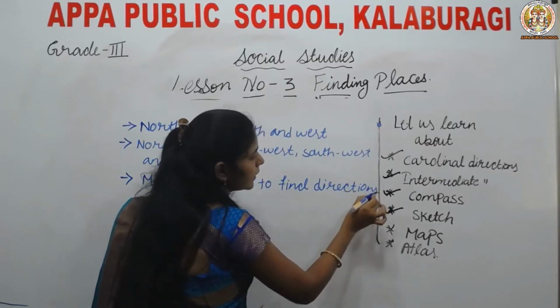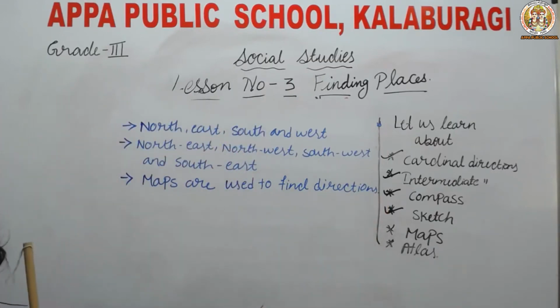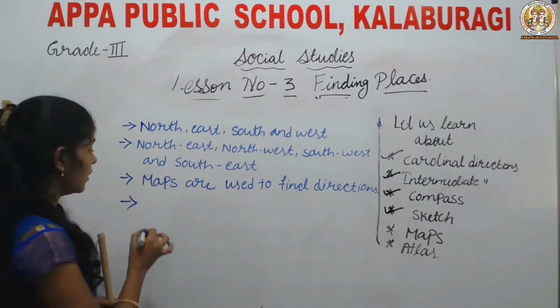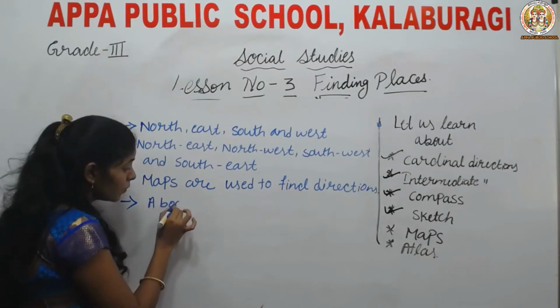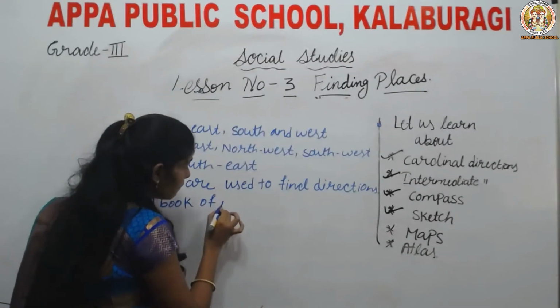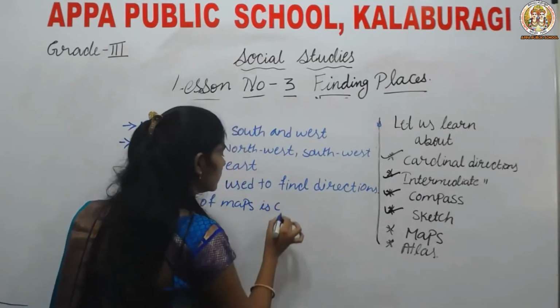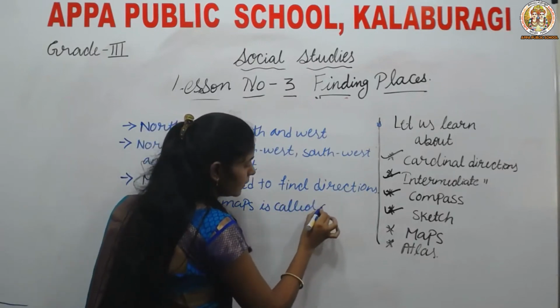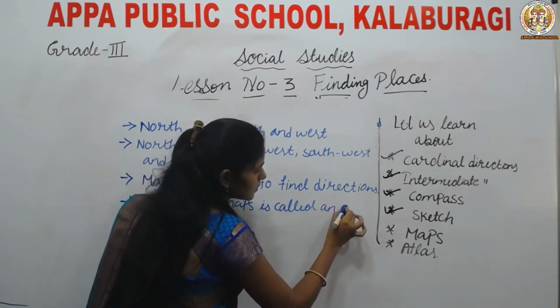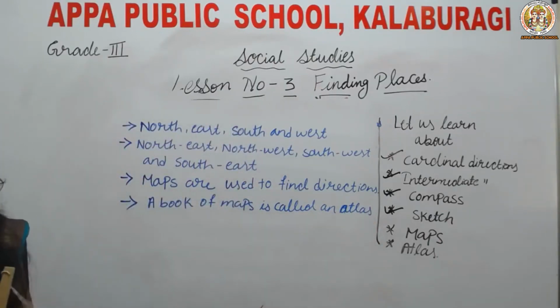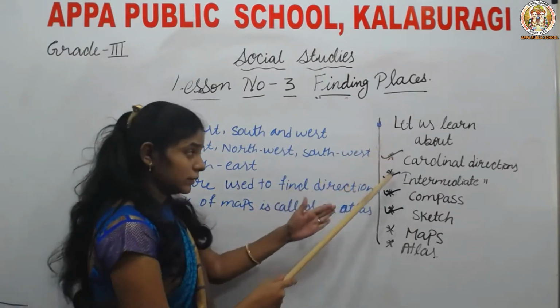Next, atlas. What do you mean by atlas? A book of maps is called an atlas. Okay.